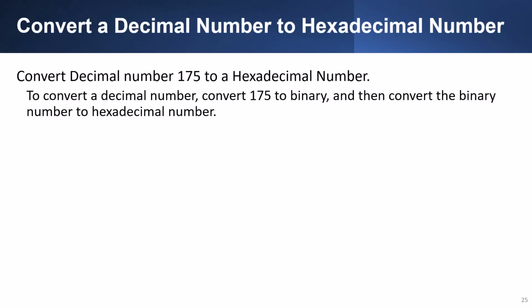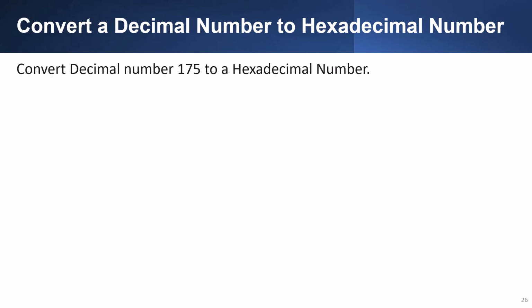Let's convert the decimal number 175 to a hexadecimal number. First, convert the 175 to binary, and then convert the binary to a hexadecimal number. Start by writing the 1, and double each time until you get to 128.